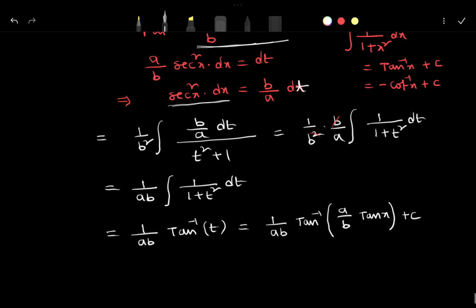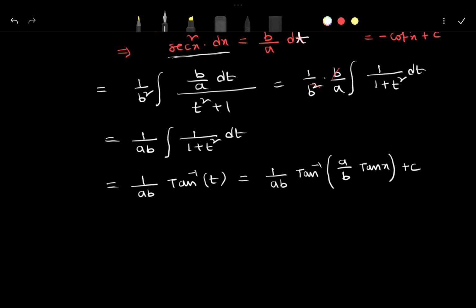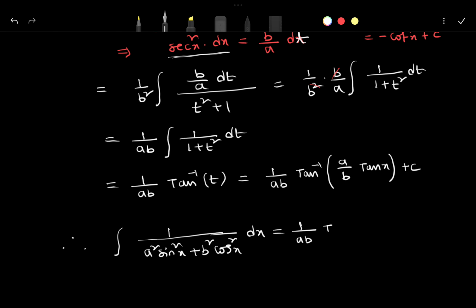So finally, therefore integration of 1 by a square into sine square x plus b square into cos square x into dx, the result will be 1 by ab into tan inverse of a by b into tan x plus c.